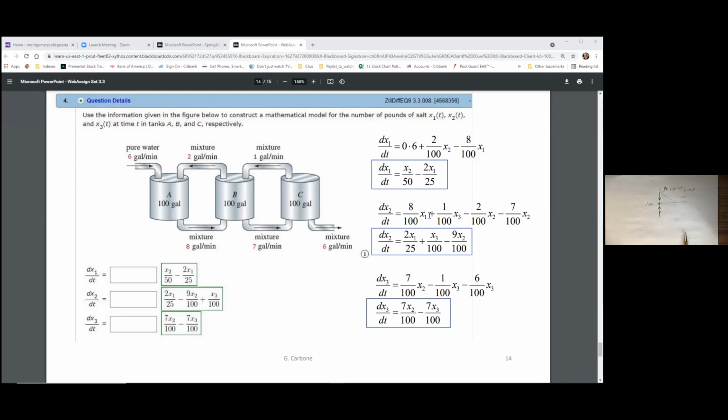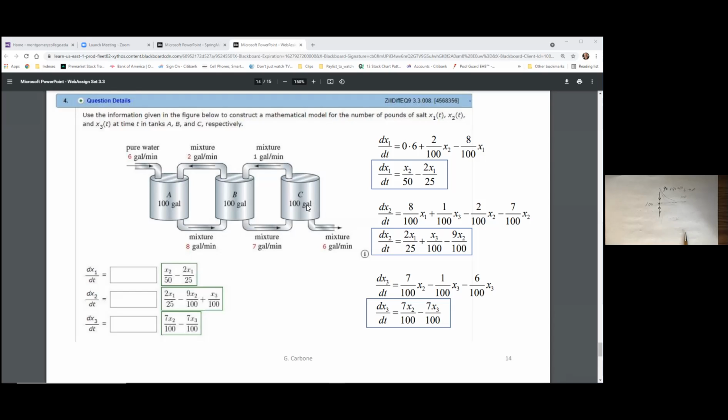Remember, what's going in is from A, and also from C, and what's going out is from B. Okay, everybody okay with this? If you can follow this, you'll have no problem doing the one that's on the exam.